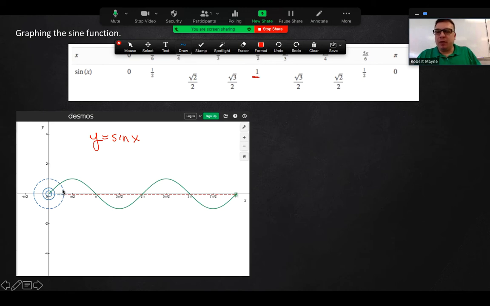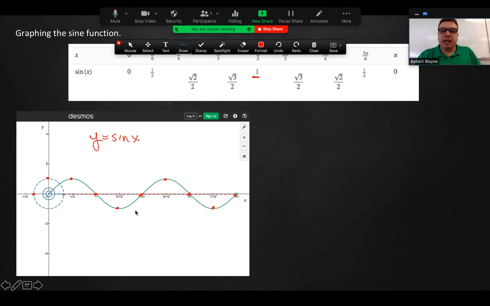So if I go to pi over 2, then I should be at my maximum, which I am. When we rotate and get to pi, that's 0, because that's the y value here. When I rotate through to 3 pi over 2, the y value is -1. And there I am right there. I cross again at 2 pi, and I repeat this cycle over and over again.